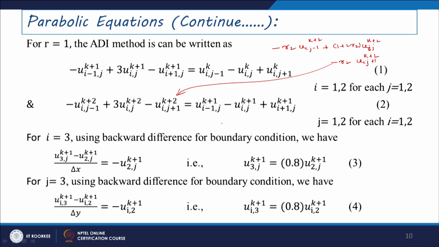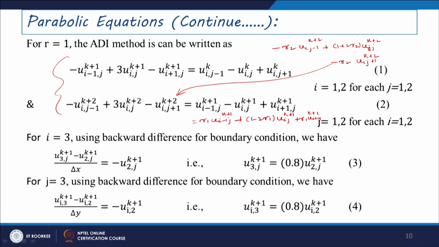On the right hand side, this is nothing but r1 u i minus 1 j k plus 1, plus 1 minus 2 r1 u i j k plus 1, plus r1 u i plus 1 j k plus 1 here. And of course, if you put all these values, then you will have these two sets of equations as written here.